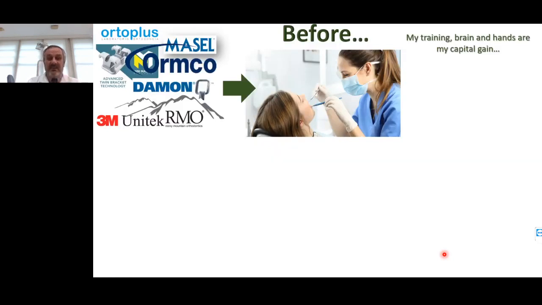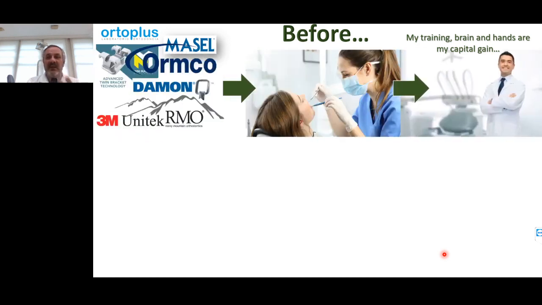Many years ago, I bought the brackets and wires, and my training, my brain, my hands are my capital gain. And maybe I bought, I don't know, 100 euros of material, and the cost of my treatment is 10 times the price of the material.